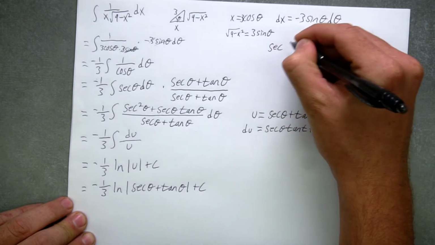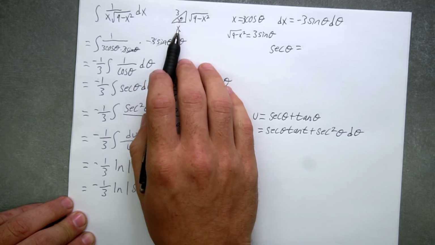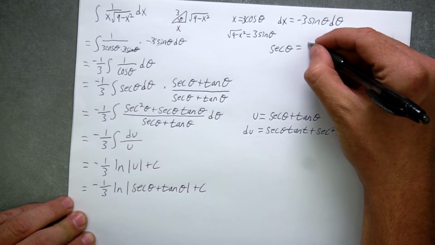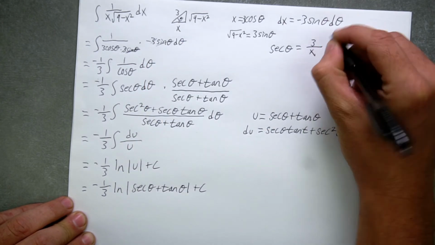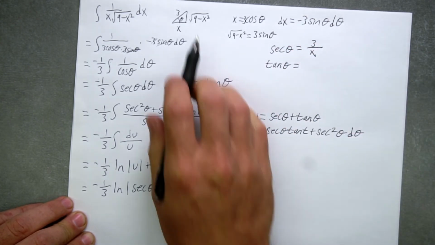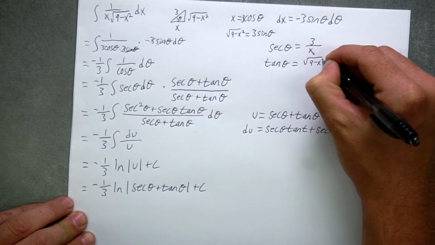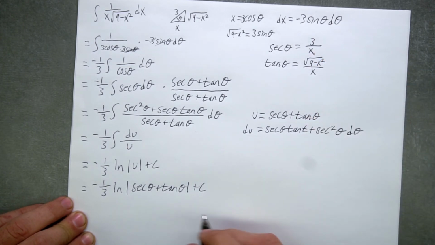Secant theta is equal to hypotenuse over the adjacent, so we get 3 over x, and tangent theta is equal to opposite over the adjacent, square root of 9 minus x squared over x.